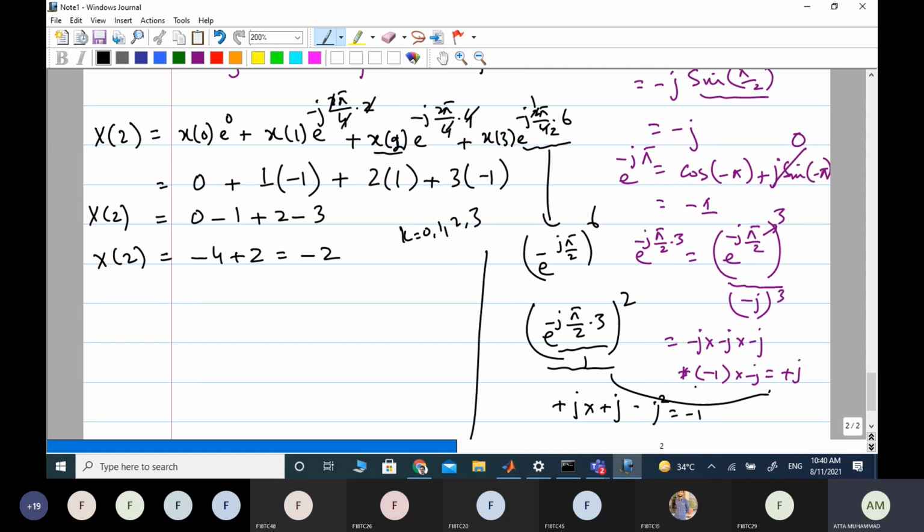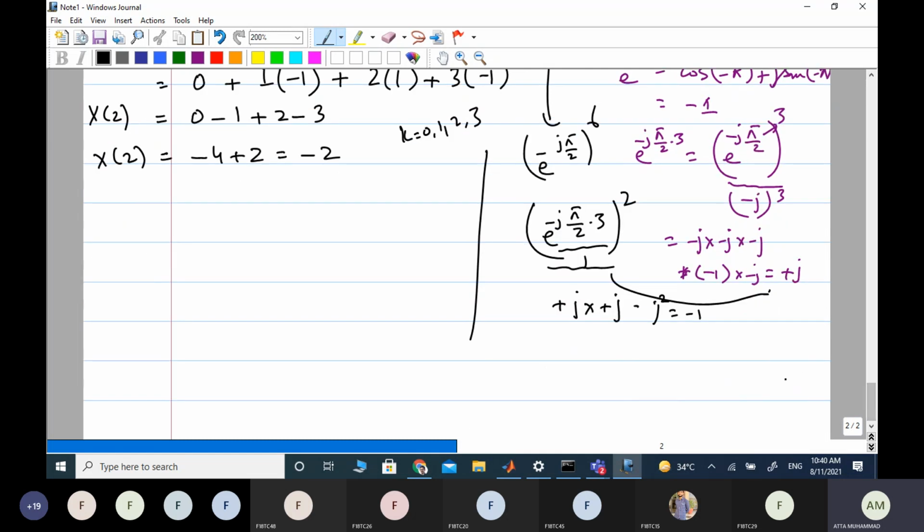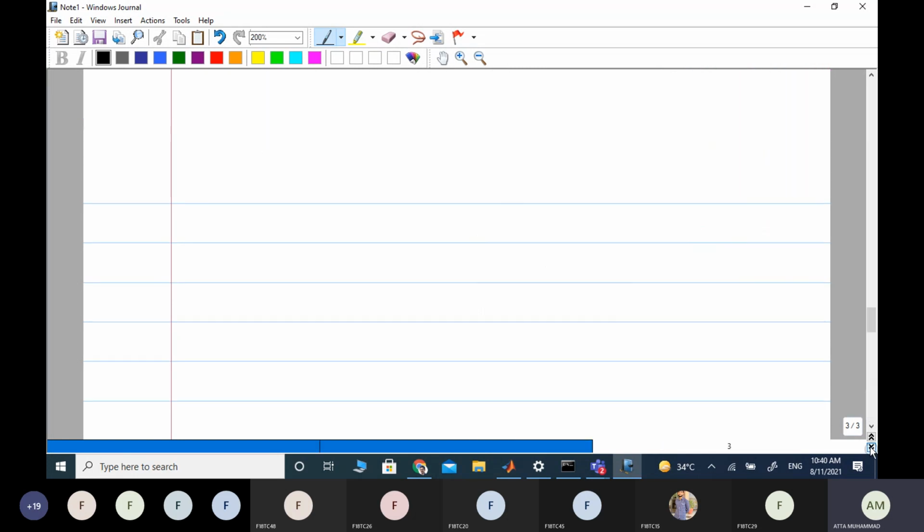Let me just draw a line here so that we can understand. Okay, so why don't I use another page?